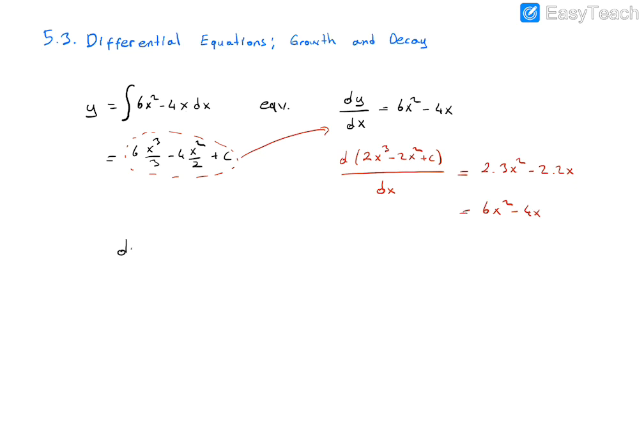For example, dy over dx equals k times y. This is also a differential equation. Another example: the second derivative of y minus x times y prime plus x squared y equals 5. This is a differential equation. Or dy over dx equals 2xy, etc.